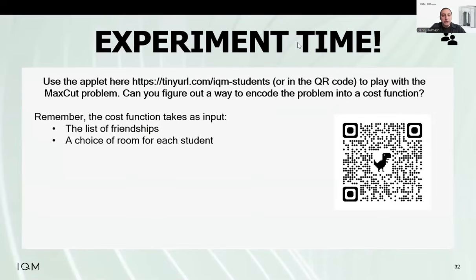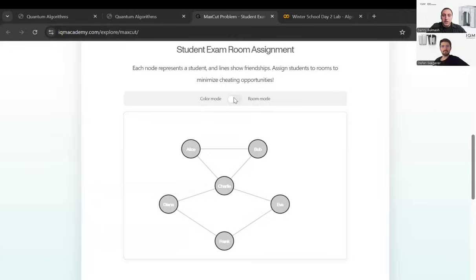And if you want to click and drag the students into different rooms instead of representing them by colors, there's an option for that as well. Let me change what I'm sharing. Oops. Right.